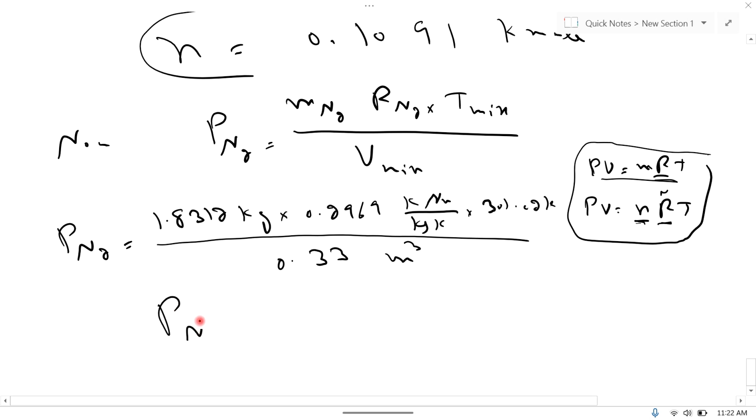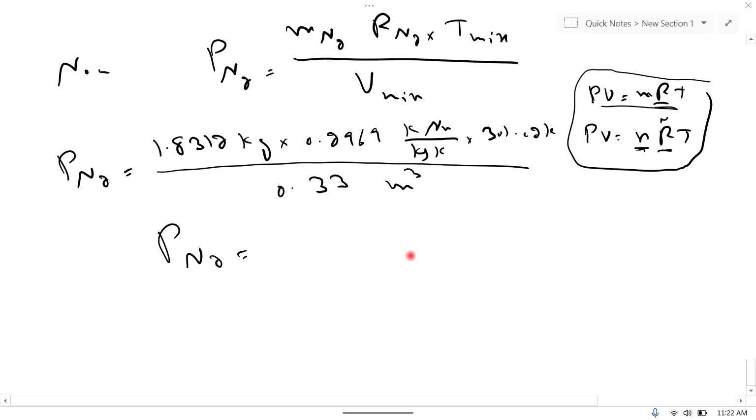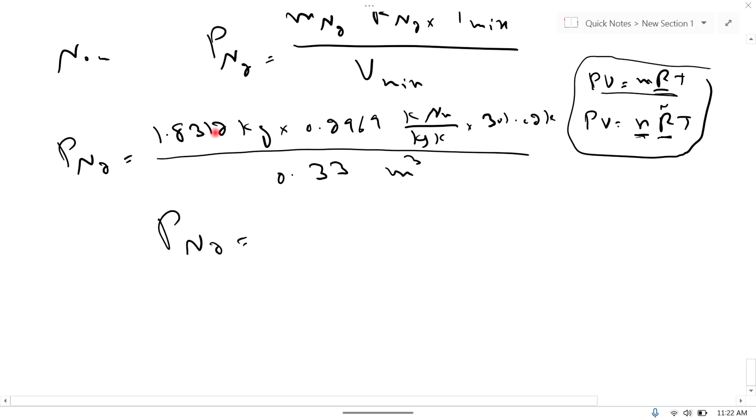Now the pressure of nitrogen is equal to, simplification is easy, multiply these three and divide by 0.33, which is equal to 495.93. Kilogram is cancelled with kilogram, Kelvin with Kelvin, and meter with meter, so the unit is Newton per square meter, and this is kilonewton per square meter.